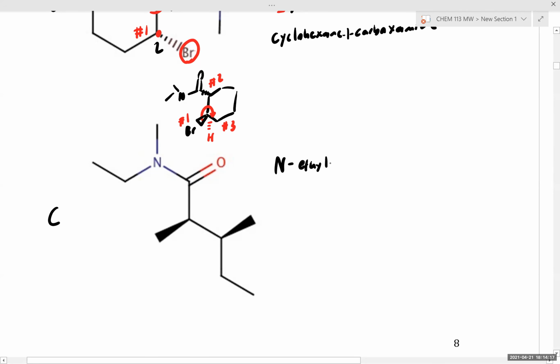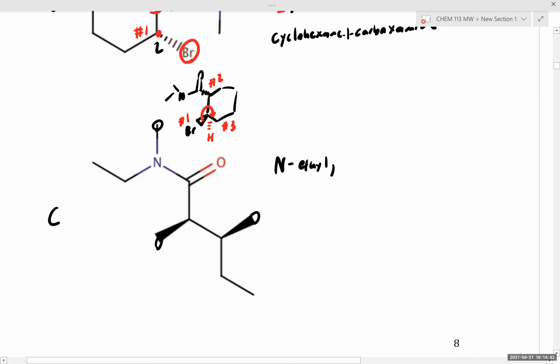We already have our first proposed name, N-ethyl. Cis and trans is reserved for cyclic systems. I would explicitly note the configuration using RS nomenclature as it's less ambiguous. We have 3 methyl groups at 3 different positions.